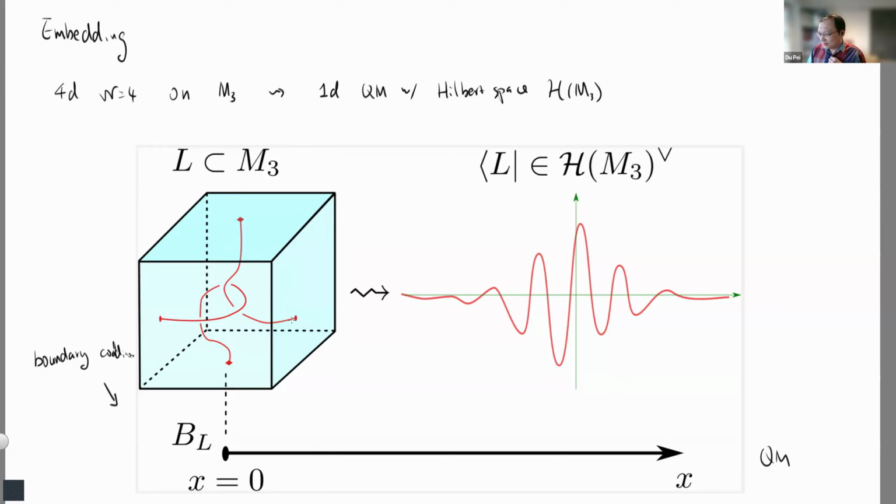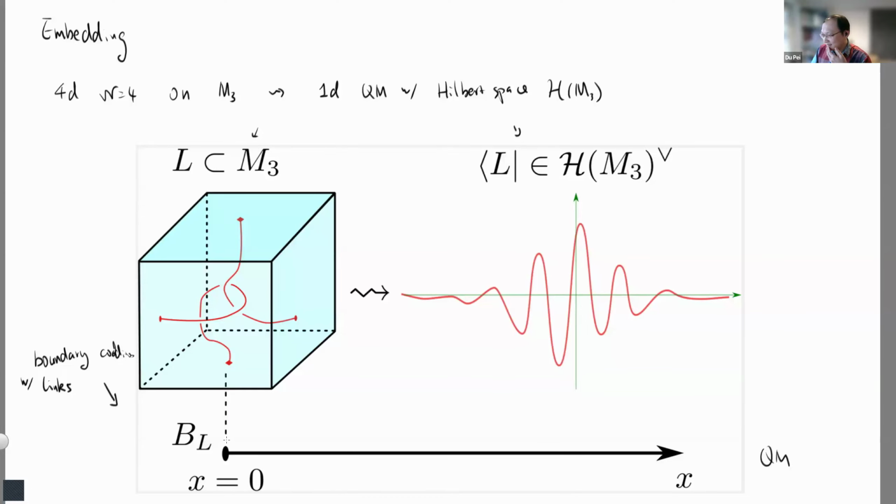Those are going to be links with components colored by representations of the gauge group. And if one propagates this boundary condition, then one can get a state. So in other words, given a link L, one can get a state in the Hilbert space.